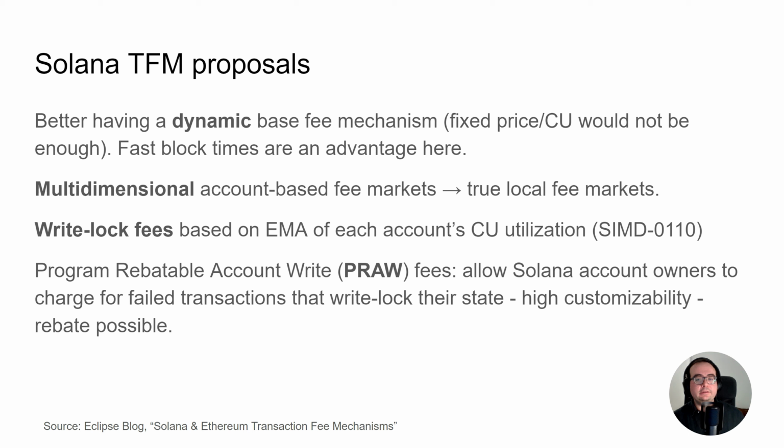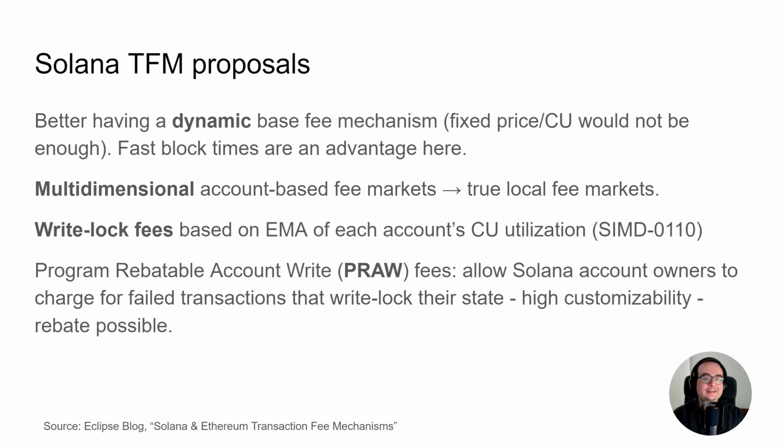The other thing you should do is to have the base fee depending on compute units, but still it's not enough to just decide a price per compute unit that's fixed, because yes, that is solving the fact that more complex transactions should cost more, they take more block space, but it's still not enough, because how do you choose this number?